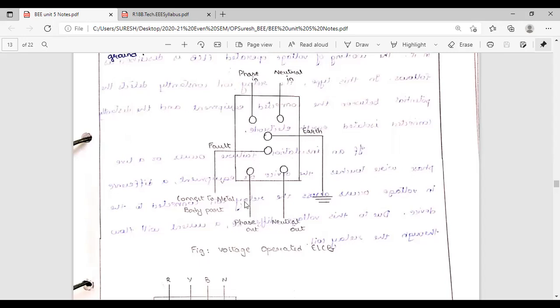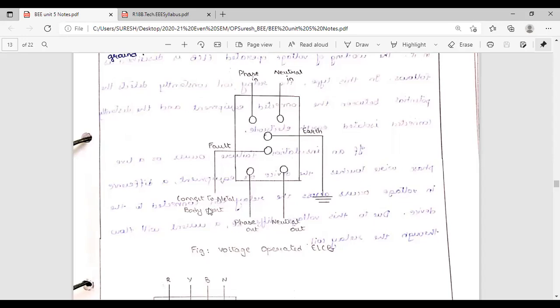This is the incoming point. This is the outgoing point. In between the incoming and outgoing, there are 2 more terminals. One is earth. Earth is at zero potential, 0 voltage. This is the fault connected to the metallic body. This metallic body is connected to the fault. Under normal condition, there is no leakage current.